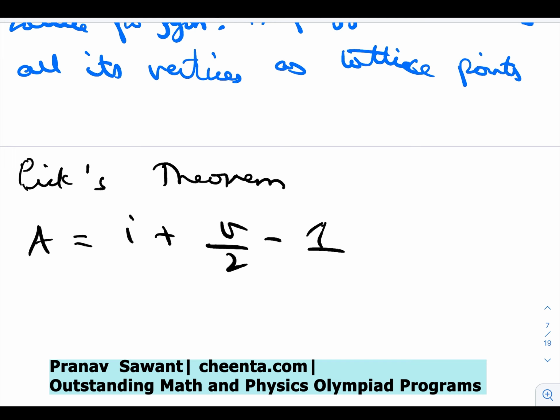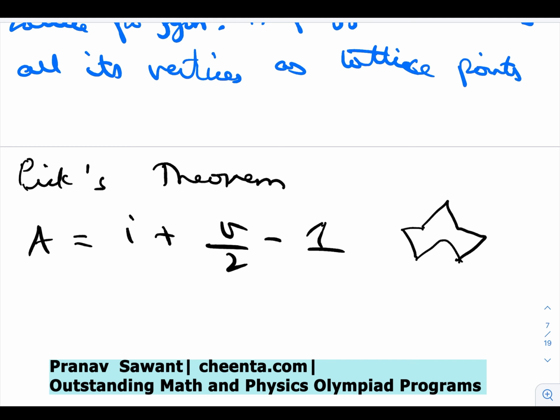For example, we have this lattice polygon, assuming that all of the vertices are lattice points, and this figure obviously does not have any hole in it. If you have a hole in it, we need to subtract the area of that hole. Pick's theorem says A = I + B/2 - 1, considering that there are no holes. There is a generalization as well if there are holes, but in most cases we need some other information.